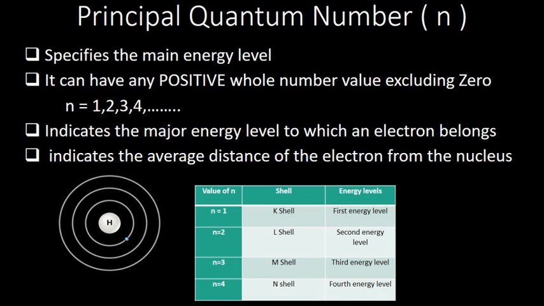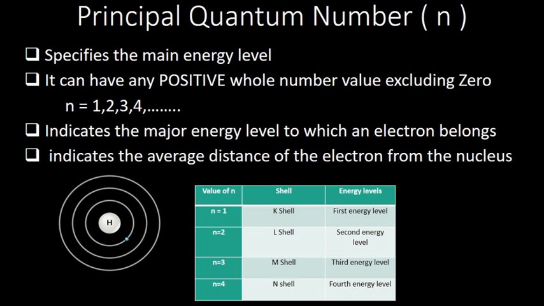Now it indicates the major energy level to which an electron belongs. It tells which energy level, next to the nucleus, it is. And it also tells us the average distance of the electron from the nucleus. For example, in the diagram you can see 1, 2, 3, 3 rounds.